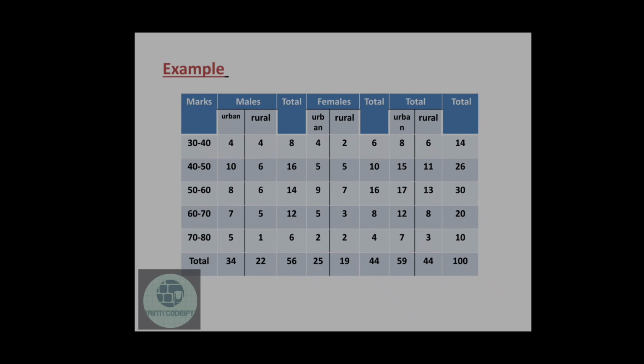Observe this example. This is a three-way table with three factors, namely marks, gender and location. From this table, we may get information relating to the distribution of students according to marks, gender and geographical location from where they hail.